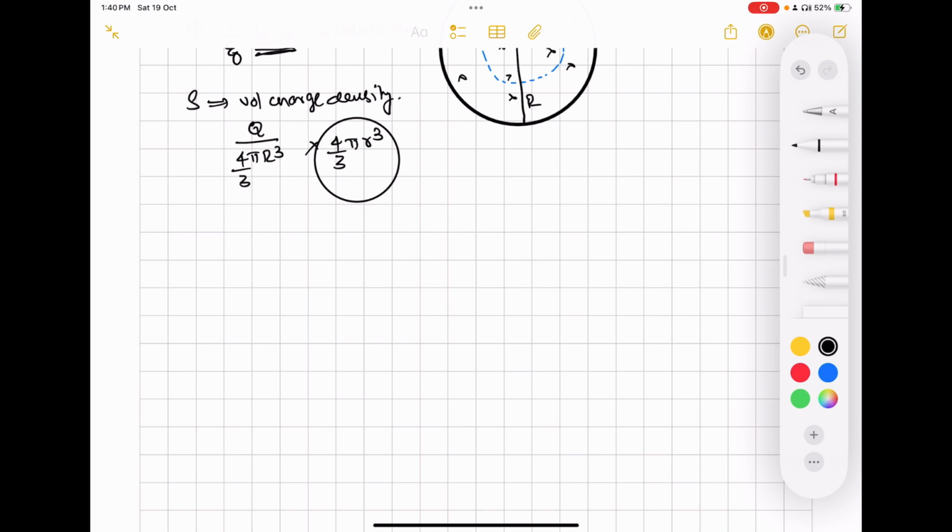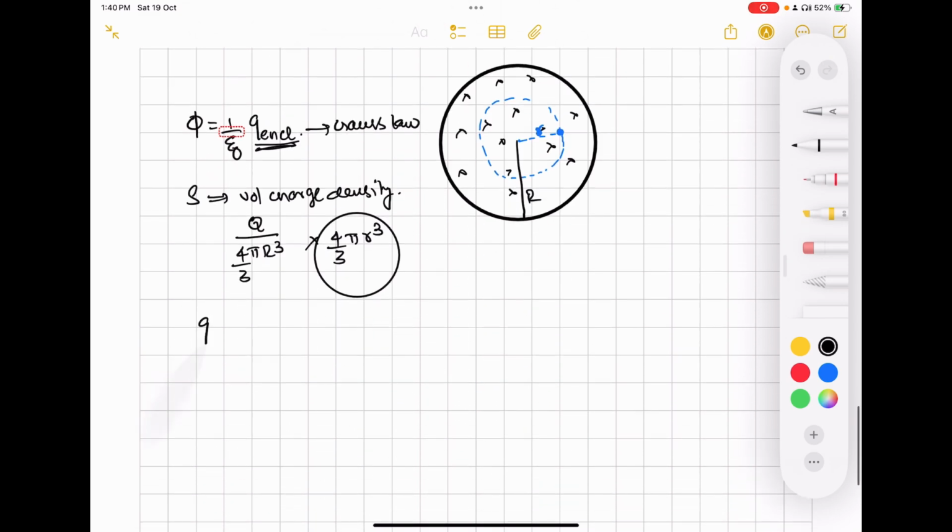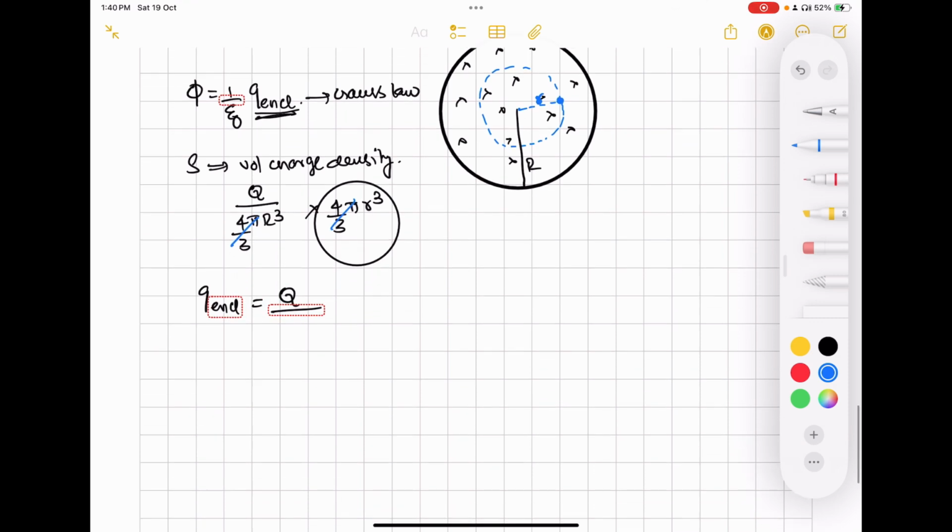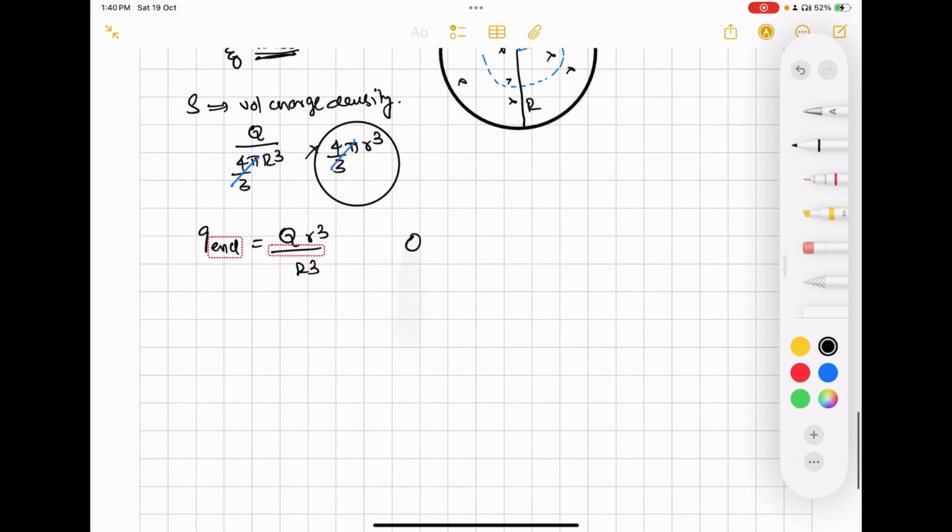So the Q enclosed is equal to Q by, we can cancel 4 by 3, 4 by 3. We will get Q small r cube divided by capital R cube, and we can write phi is equal to 1 by epsilon 0 Q small r cube divided by capital R cube.